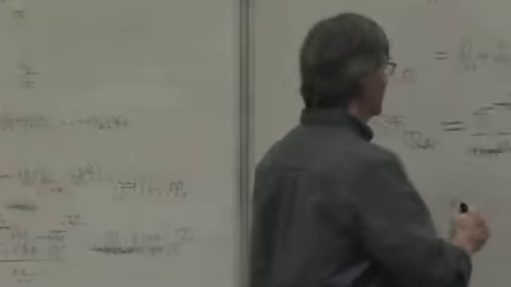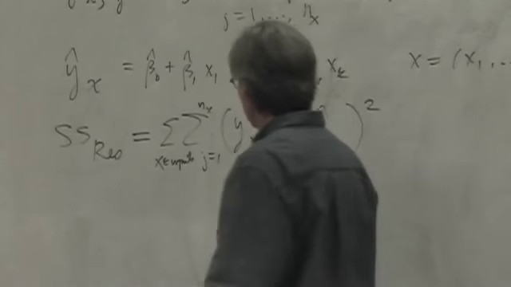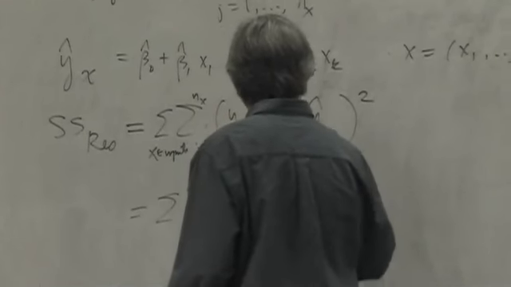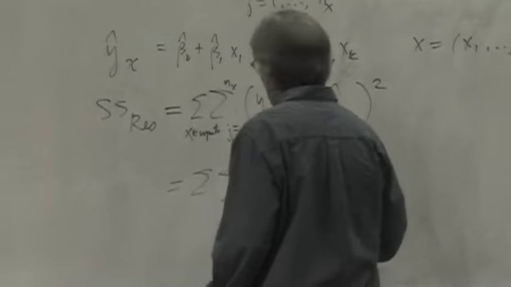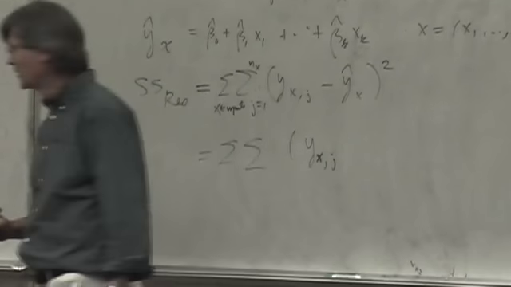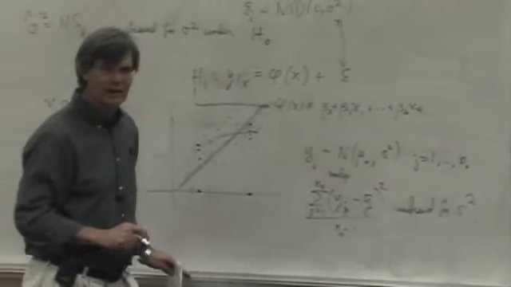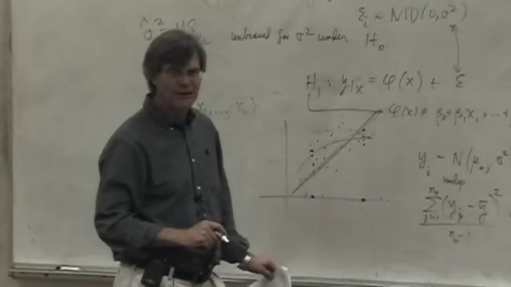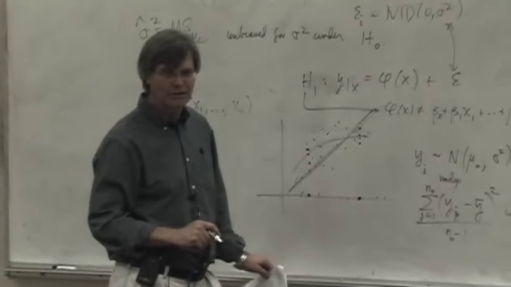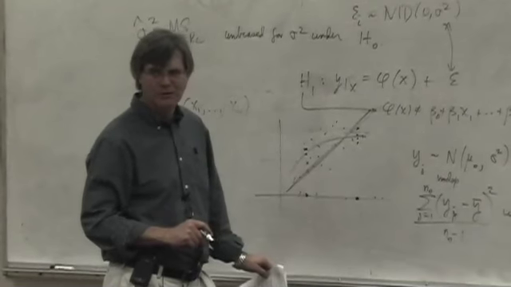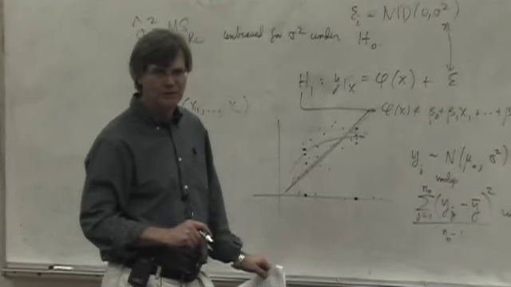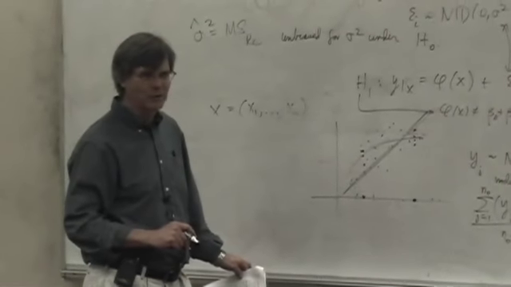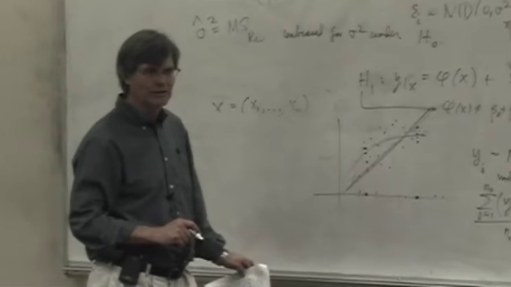Now this can be rewritten. I'm going to write the double sum as follows. Instead of y sub xj minus y hat sub x, what is the natural estimator if you've got repeated measures? If I could repeat every x many times, then I could figure out the curve I wanted; maybe not the exact curve, but I could fit any polynomial I wanted, of any order depending on how much data I took.